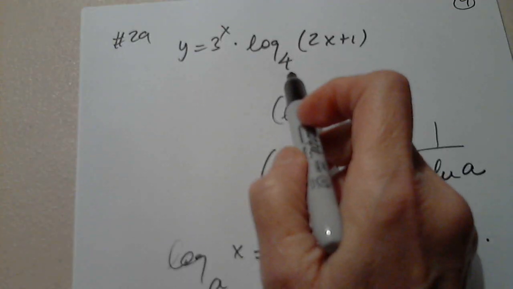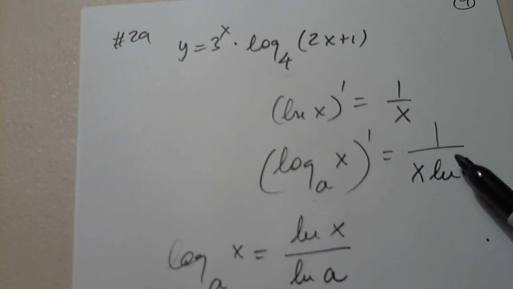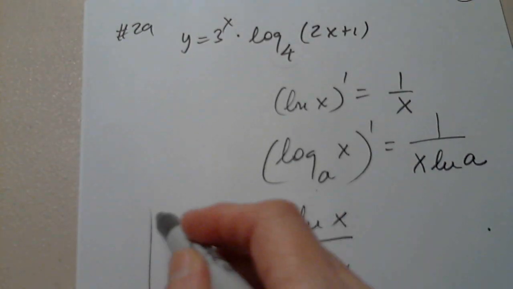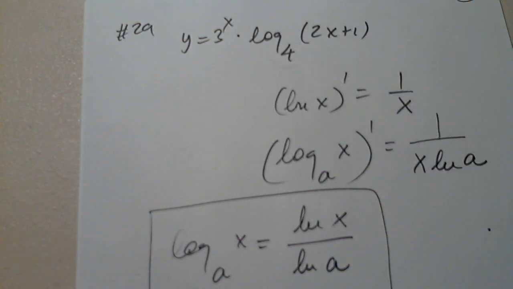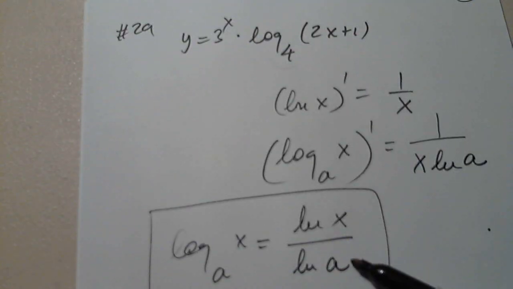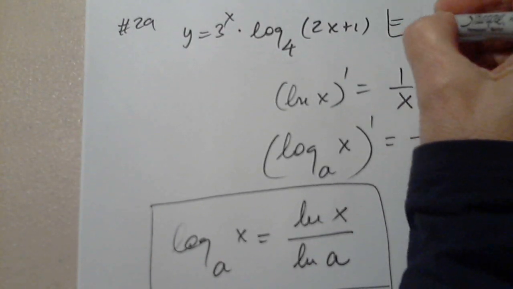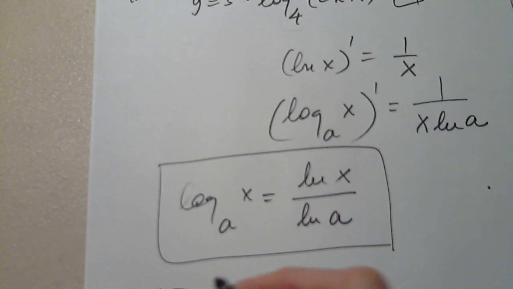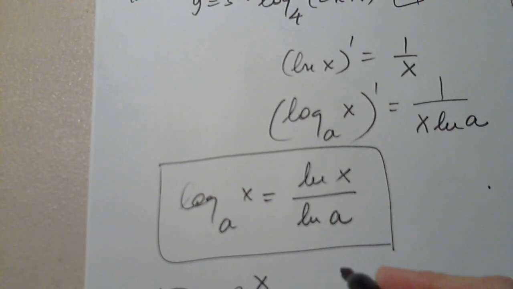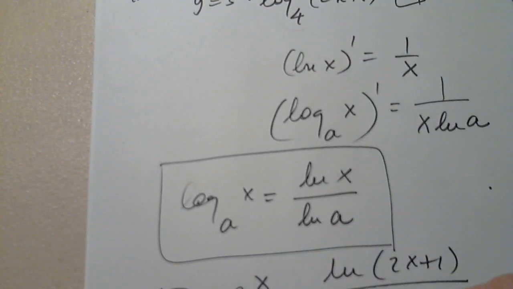So when I differentiate log base 4, I will have 1 over natural log 4, because I have to change log base 4 into natural log over natural log of 4, and probably that's what they meant, I guess. So we can do that. So 3 to the x times natural log of 2x plus 1 divided by natural log 4.